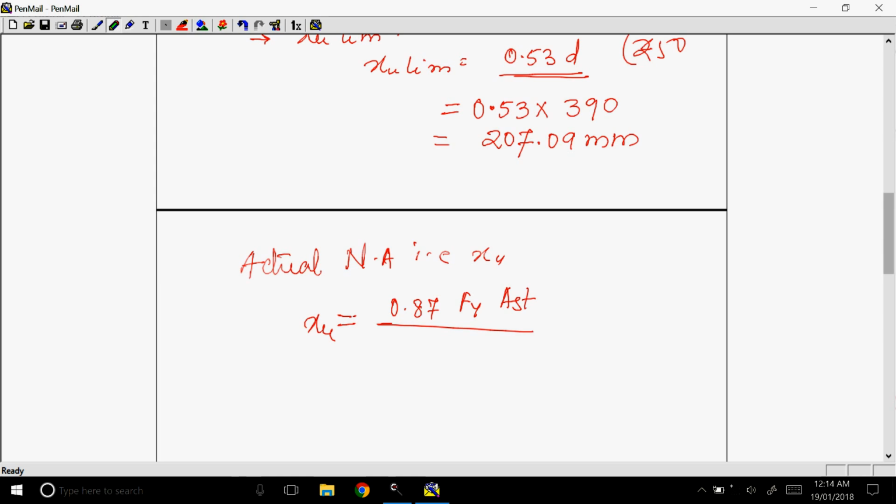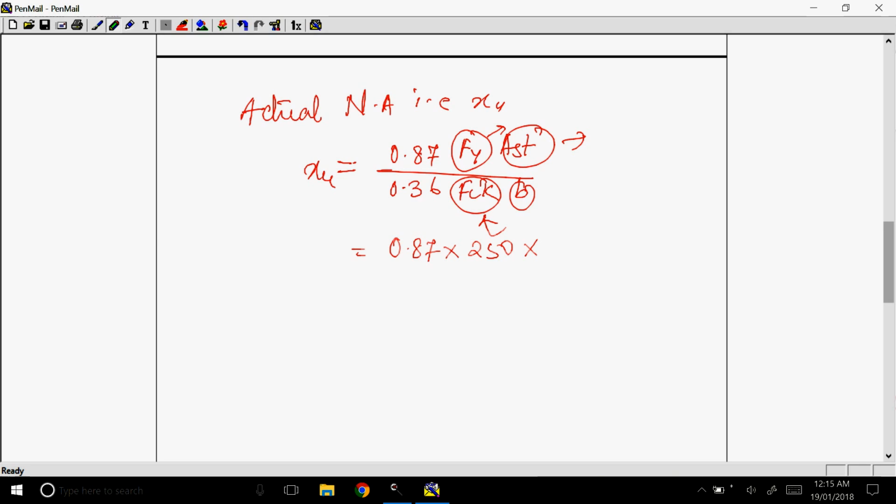So 0.87 into 250, and Ast is 804.25, upon 0.36 into fck, which is 20, and the width of beam is 275 mm.